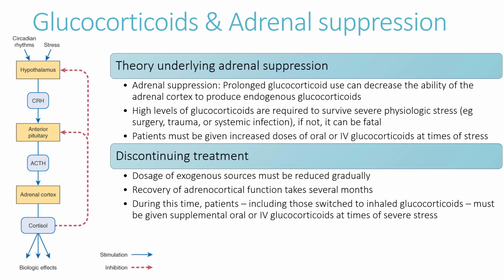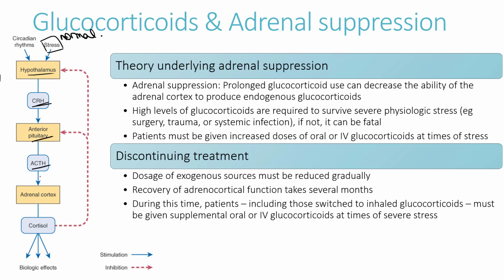So this is just an example. This is just a slide illustrating what happens during adrenal suppression. So let's look at what happens normally. In the diagram on the left, you've got under normal conditions. You can see here that stress will stimulate the hypothalamus to release corticotropin releasing hormone, which then travels to the anterior pituitary to release ACTH.